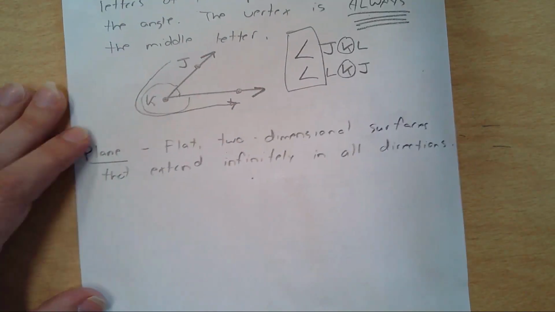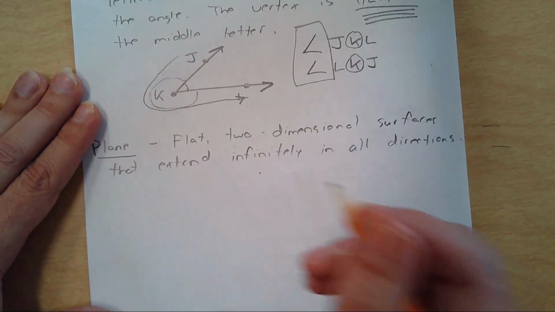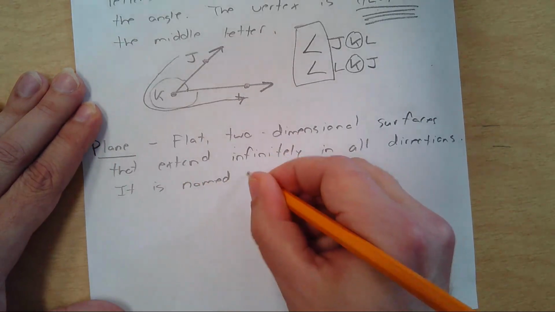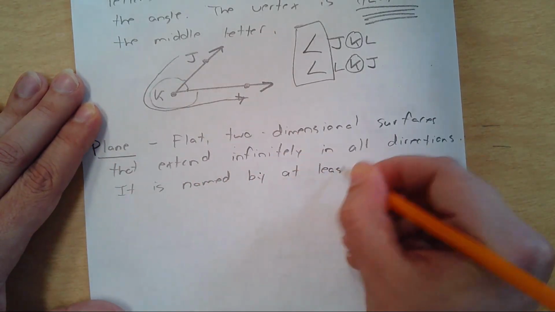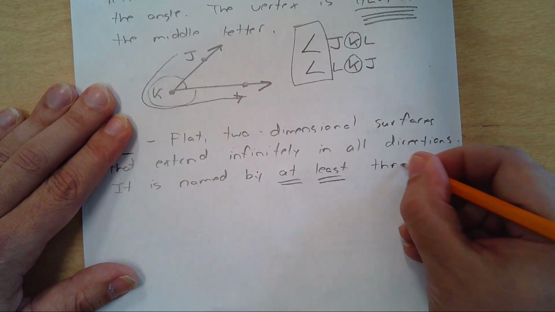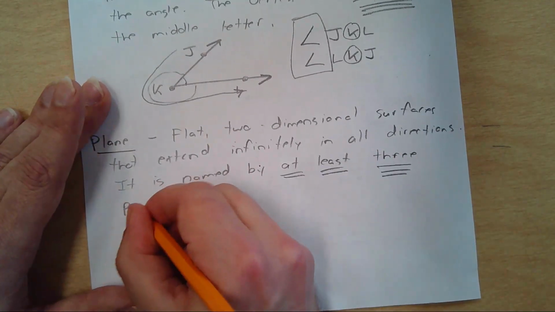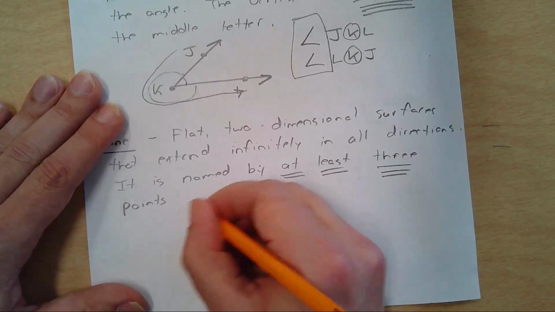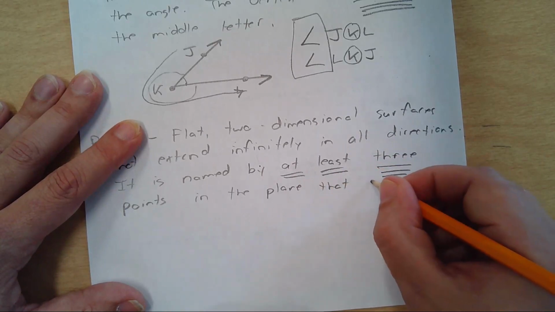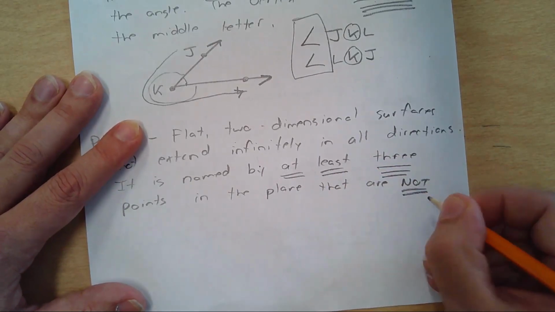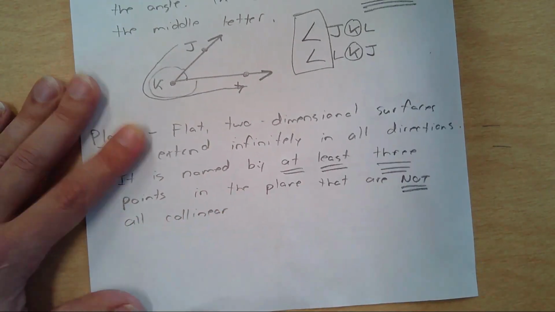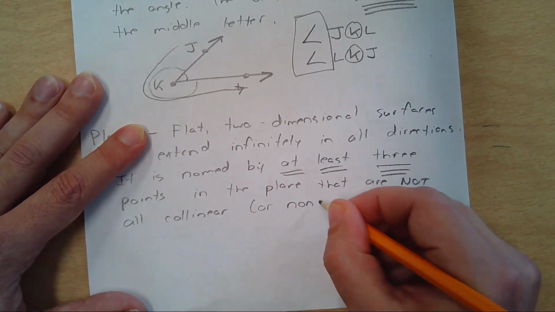Right. It is named by at least, you can certainly have more, at least 3 points in the plane that are not all collinear, or non-collinear points.